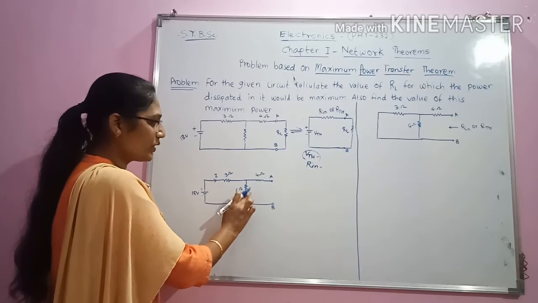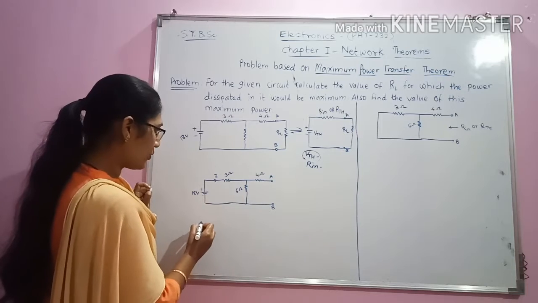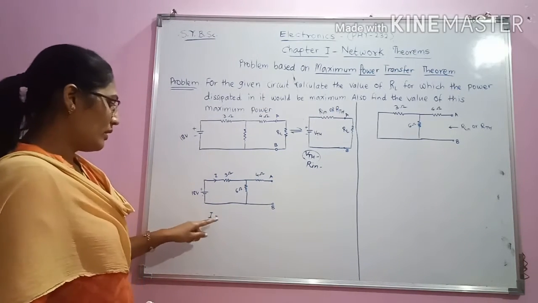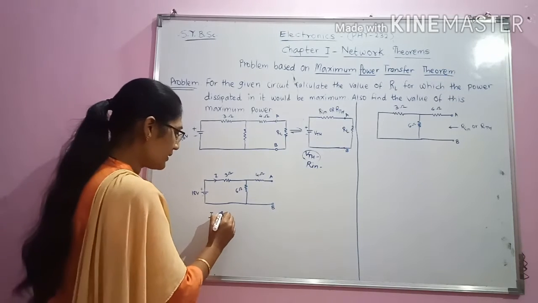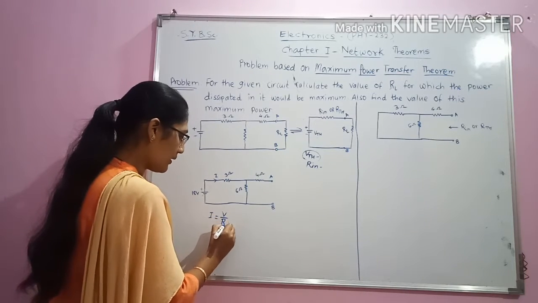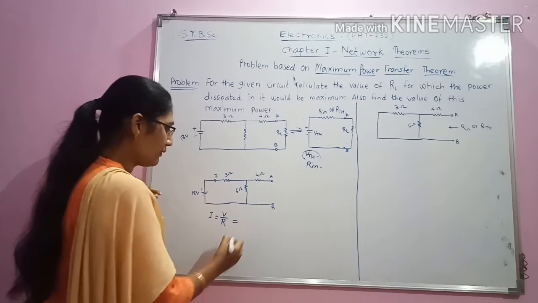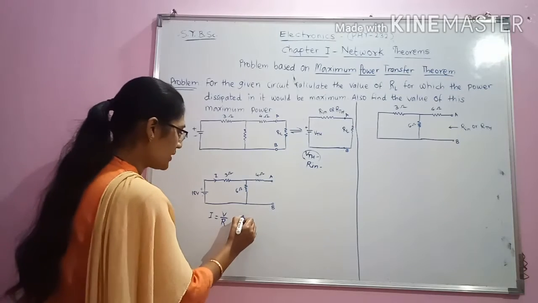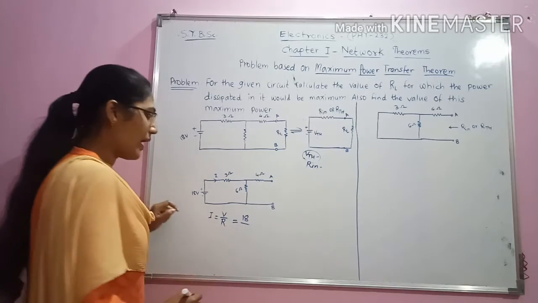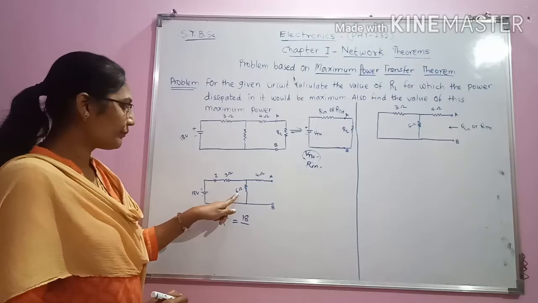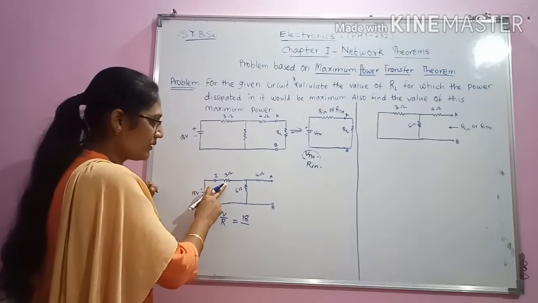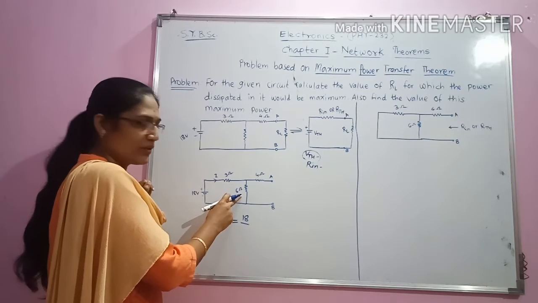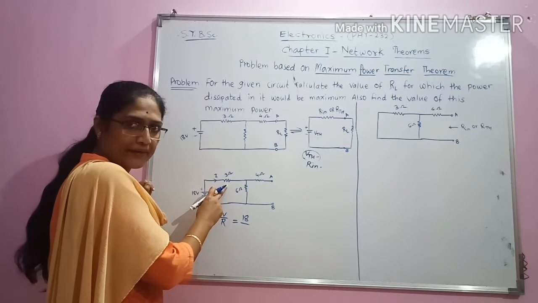So the current flowing through this resistor is I equal to V upon R. Substituting the values, V is nothing but the EMF, which is 18, divided by R. This resistance and this resistance are in series, therefore they will get added.